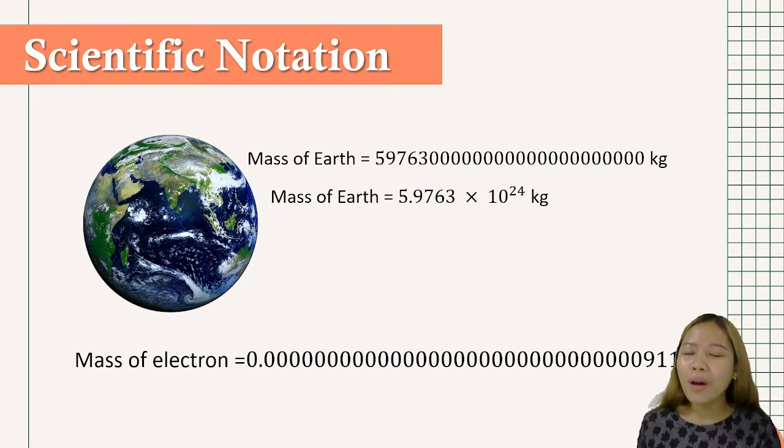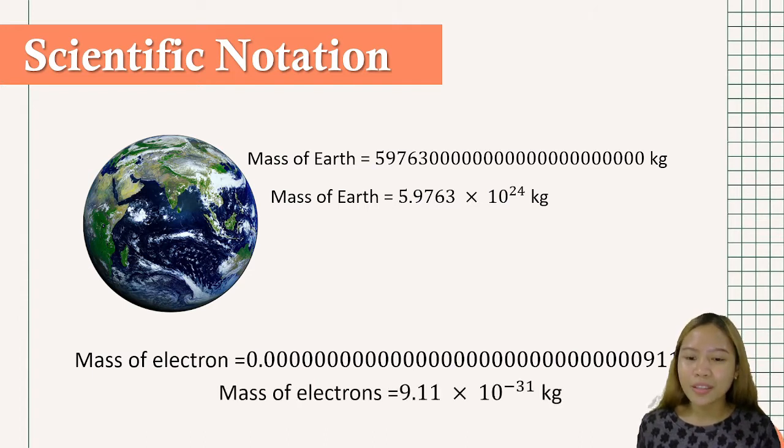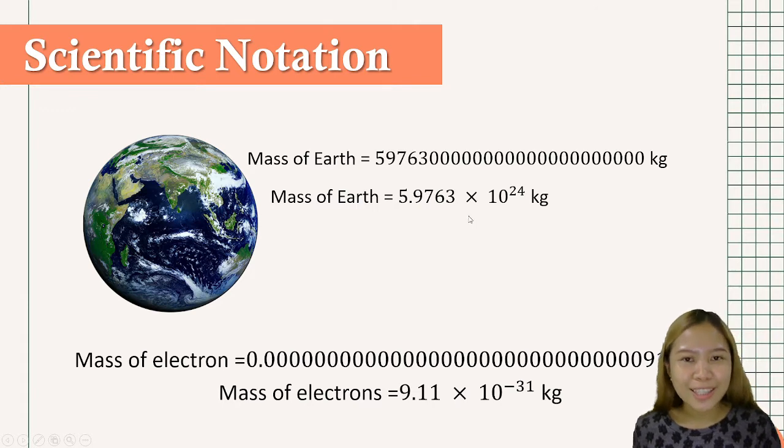Okay, so how did they convert this into scientific notation? As they convert this into scientific notation, the mass of the electron is now 9.11 times 10 to the negative 31 kilograms. So, if you take a look at scientific notation, they shortened the writing of values with a lot of digits.